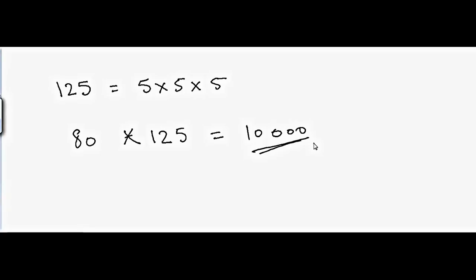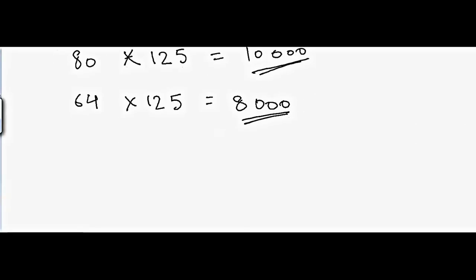Again, let's take another example. If I have 64, as we know, 8 into 8 is 64. So in this case, if I multiply by 125, that will be 8, because we divided 64 by 8, and then put 000 at the end, so it will be 8000.